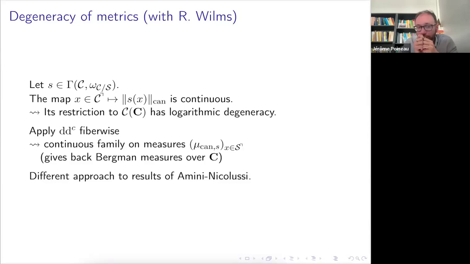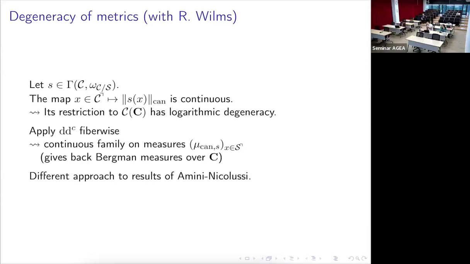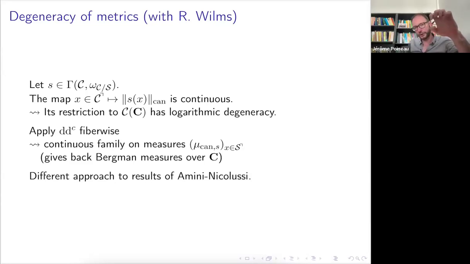Yeah, and the thing is, you see what happens if you take some open disk, or you take some variety and you just remove a few points in it. Then if you take the compactification of the smaller variety, you will have added some non-Archimedean points to this one. And these non-Archimedean points, you cannot really map them to the complex points you had before.